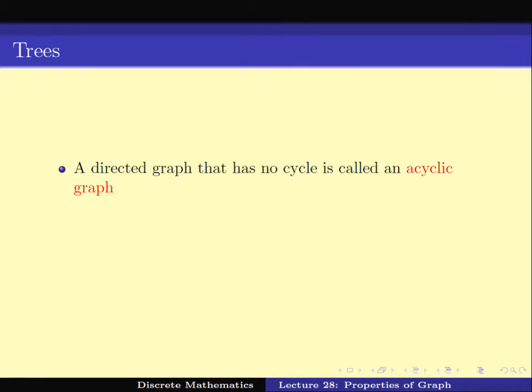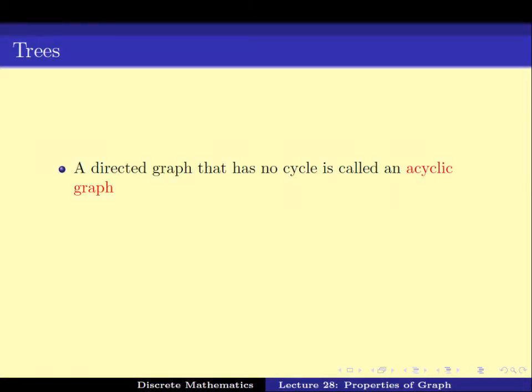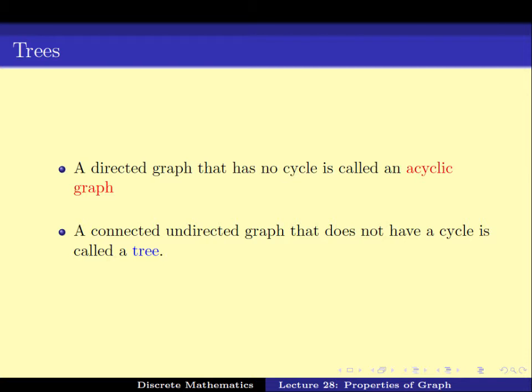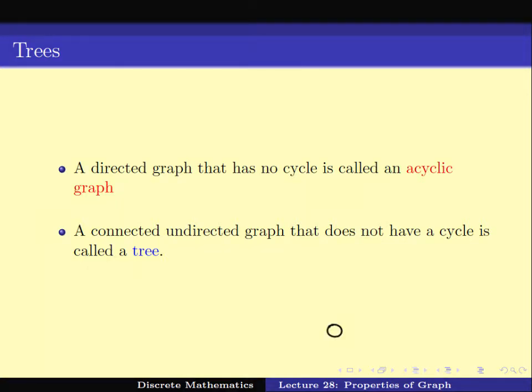Now we have the concept of trees. So what is a tree? First of all, an undirected graph that does not have a cycle is called an acyclic graph. And if that acyclic graph is connected, then we call it a tree. Now why is it called a tree? It's basically because if you draw a graph of this form, it is usually like this.